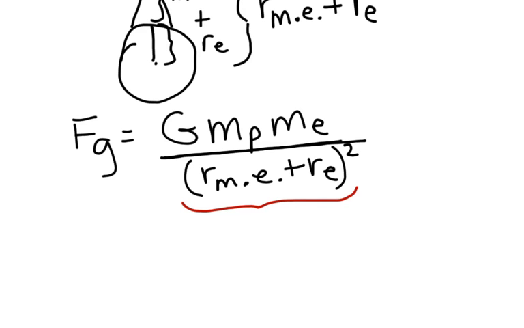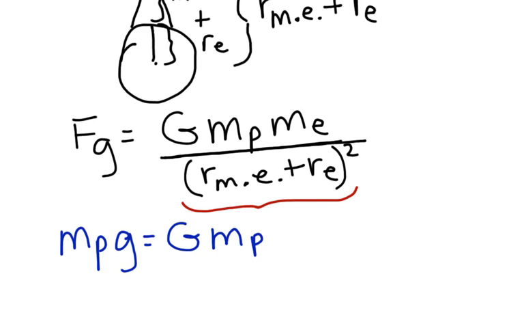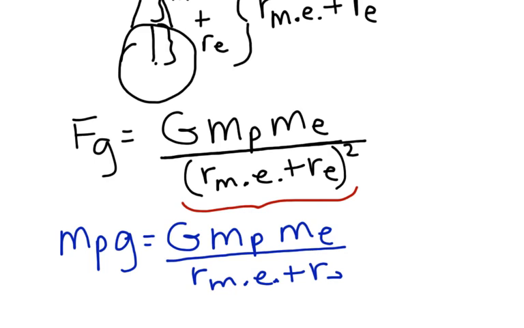How does this affect your acceleration due to gravity? Well, if we have your weight, which is the mass of the person, times the acceleration due to gravity, that's still equal to everything on the right side, which is the universal gravitational constant, the mass of the person multiplied by the mass of the Earth, divided by that total distance of the height of Mount Everest plus the radius of the Earth, squaring that.